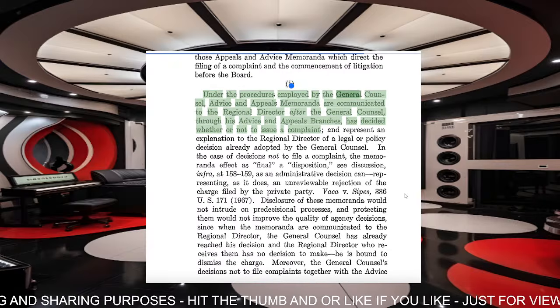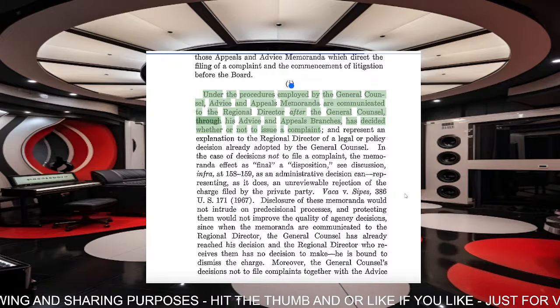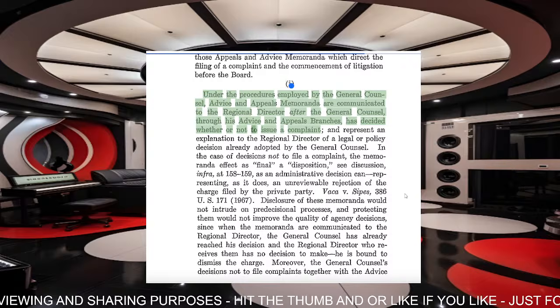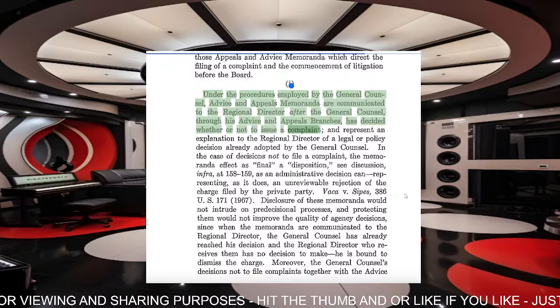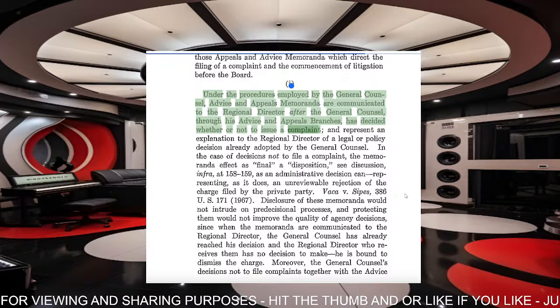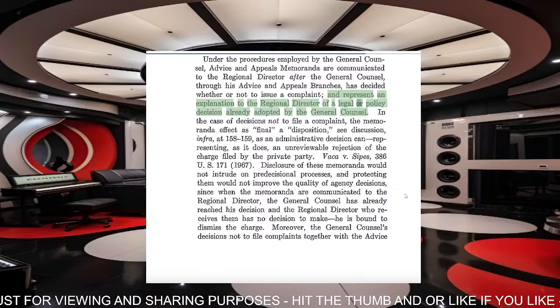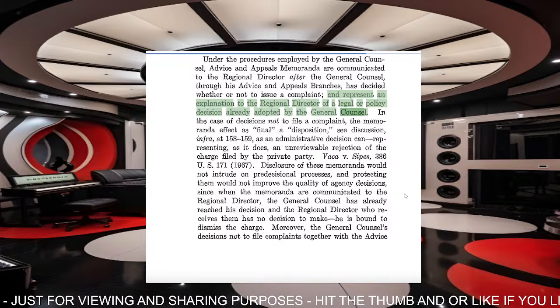Under the procedures employed by the General Counsel, advice and appeals memoranda are communicated to the regional director after the General Counsel, through his advice and appeals branches, has decided whether or not to issue a complaint, and represent an explanation to the regional director of a legal or policy decision already adopted by the General Counsel.